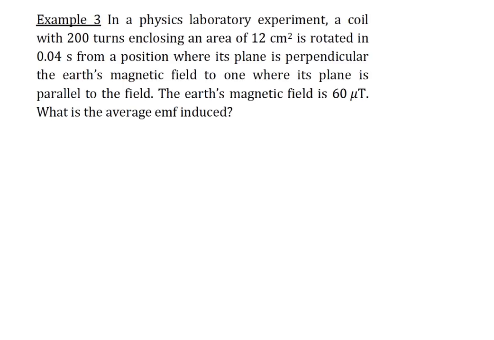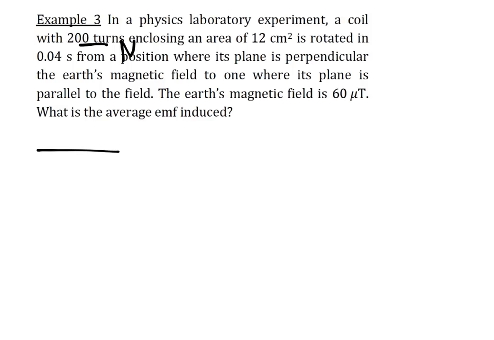They say that in a physics laboratory, a coil with 200 turns N, enclosing an area of 12 centimeters squared, is rotated from a position where its plane is perpendicular to the Earth's magnetic field.